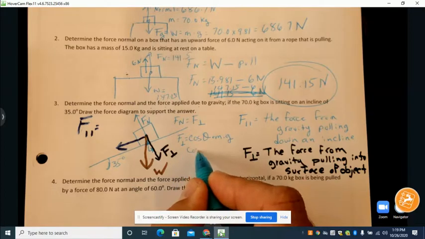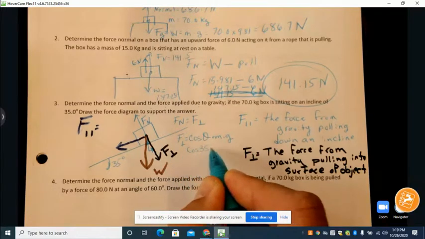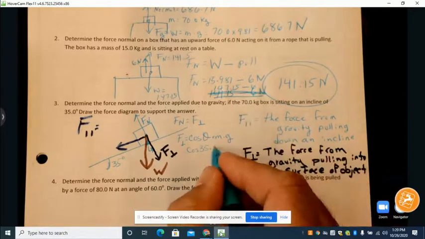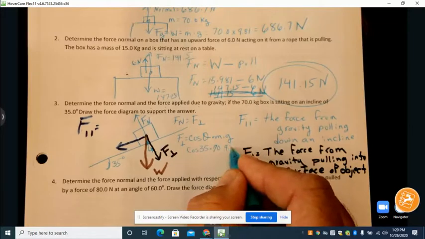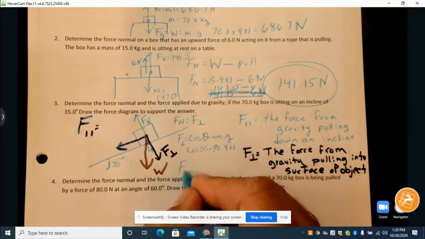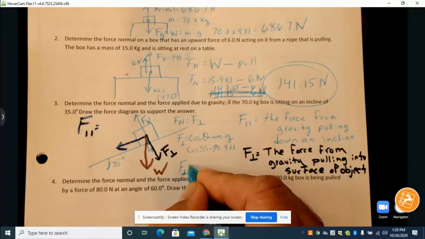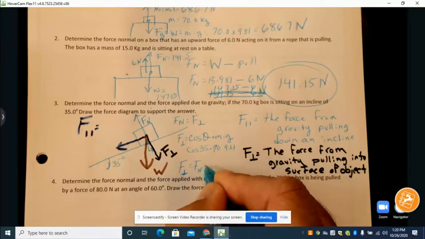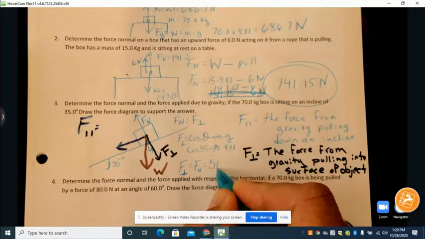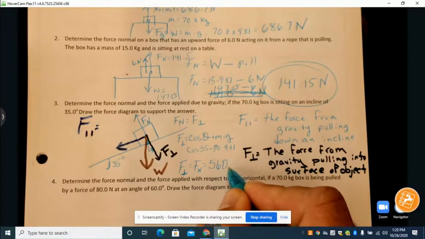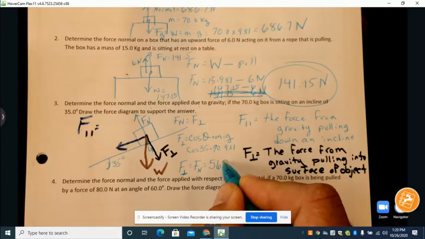So the cosine of 35 times 70, which is our mass, times 9.81. Force perpendicular or force normal equals, tell me again.